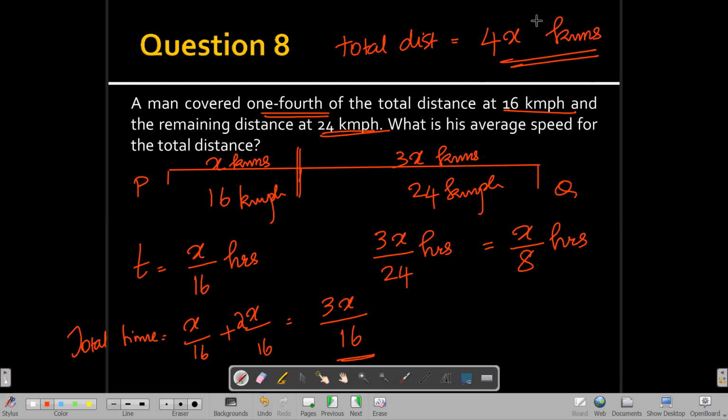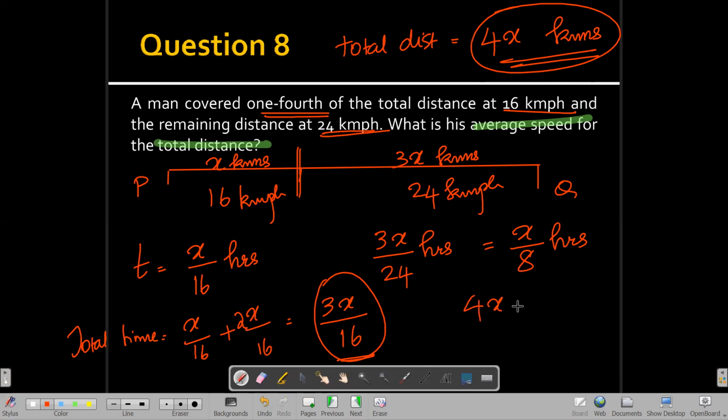So now you know the total distance, you know the total time. You are asked to find the average speed for this entire journey. Average speed is total distance by total time. Total distance, that is 4x kilometers, divided by total time, that is 3x upon 16.